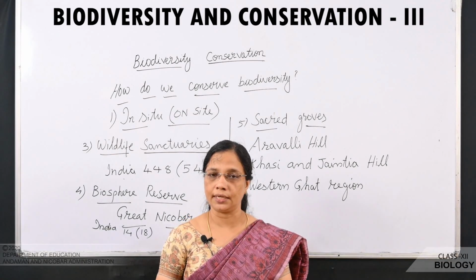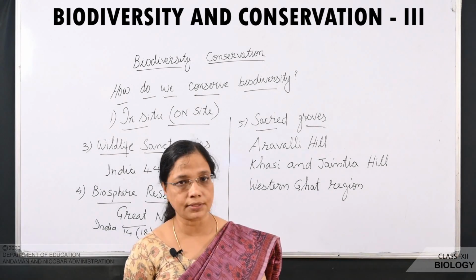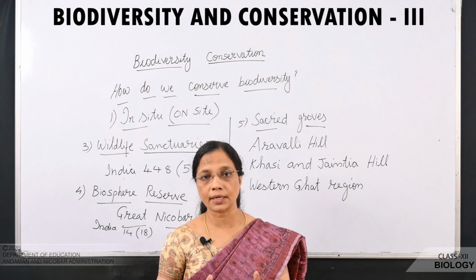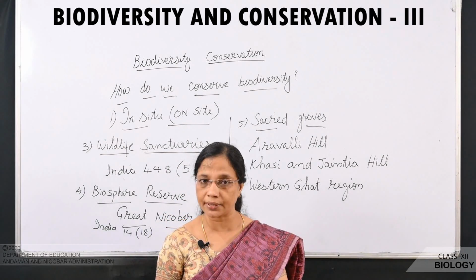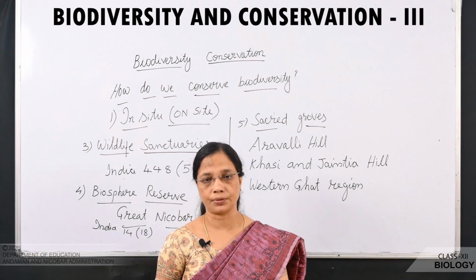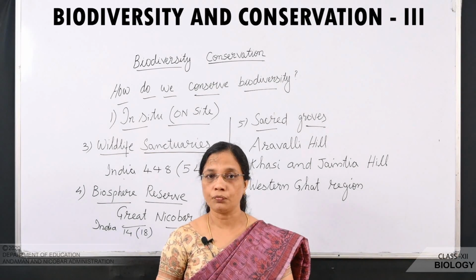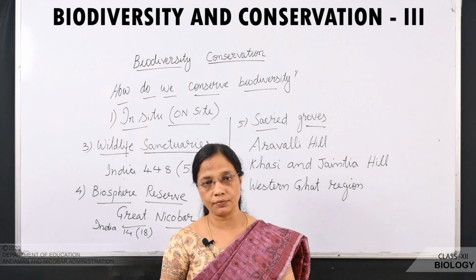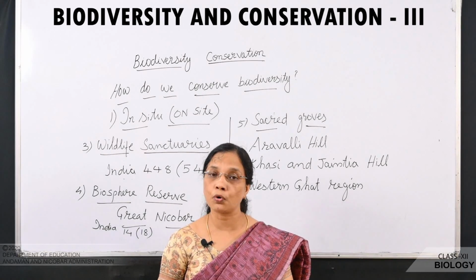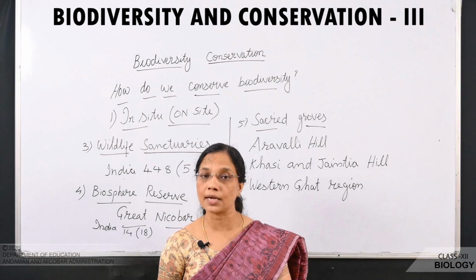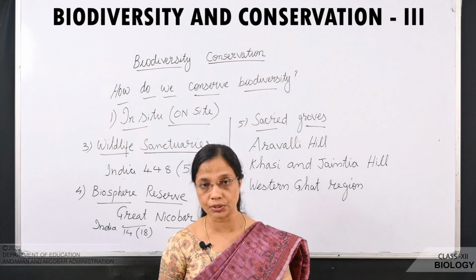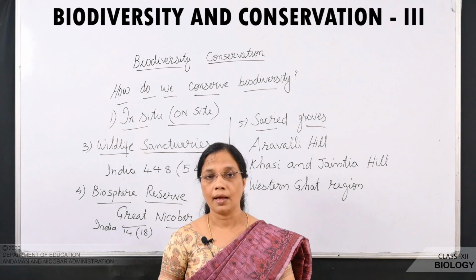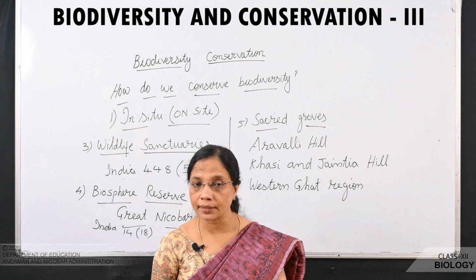So what we have seen in situ conservation, in situ conservation means species are conserved in the natural habitat along with the nature. We have seen that there are various types of in situ conservation like hotspot. Hotspot is a place where you can see high level of species diversity and high degree of endemism. And we have seen national park.